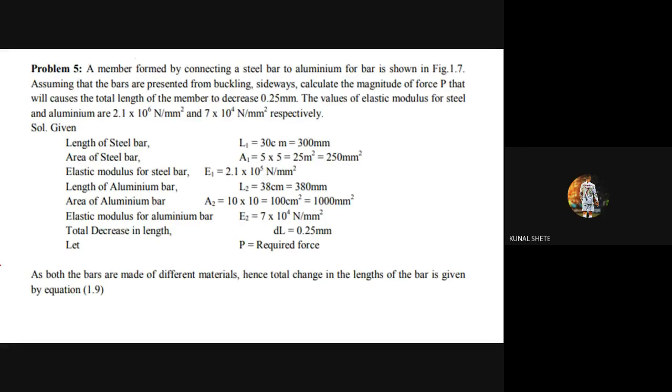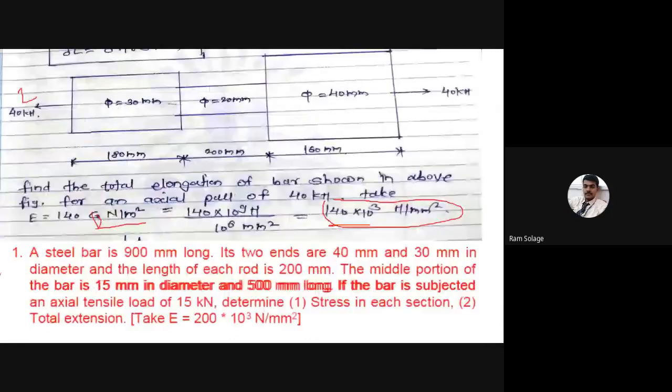Sir, 0.291 mm. Okay, I am not having an answer. Please, another student, any answer? Delta L, 0.291 mm.